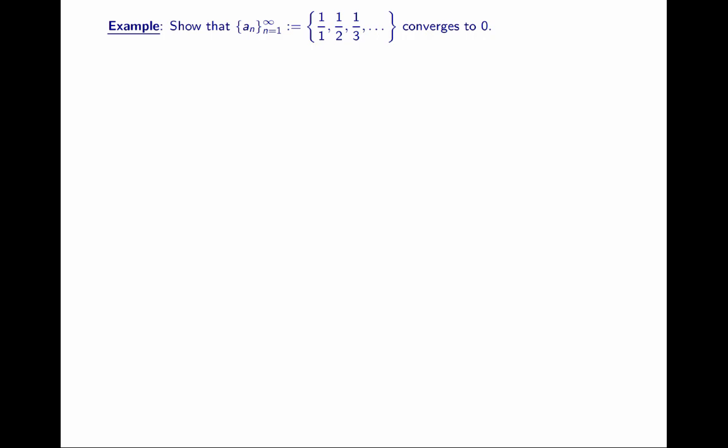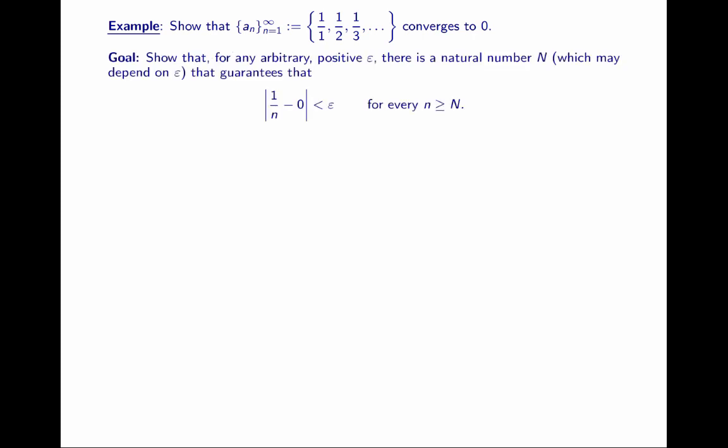So let's work out an example. Let's prove rigorously that the sequence we just discussed converges to 0. Goal: show that for any arbitrary positive epsilon, there's a natural number big N, which may depend on epsilon.